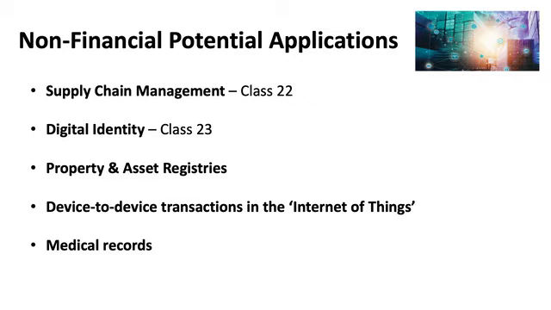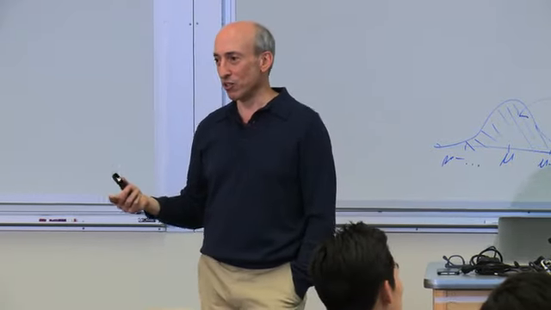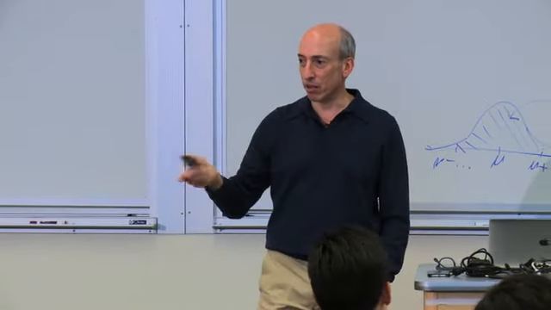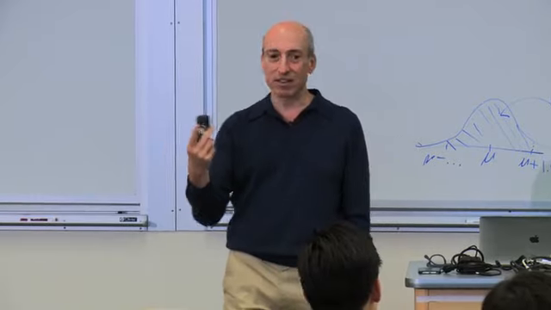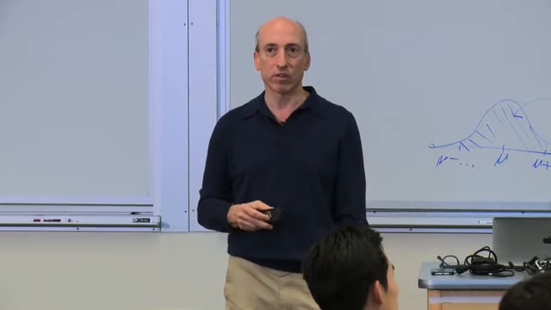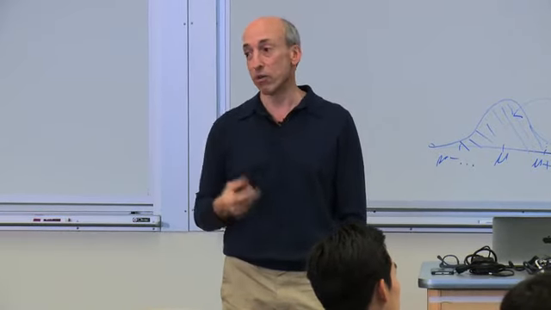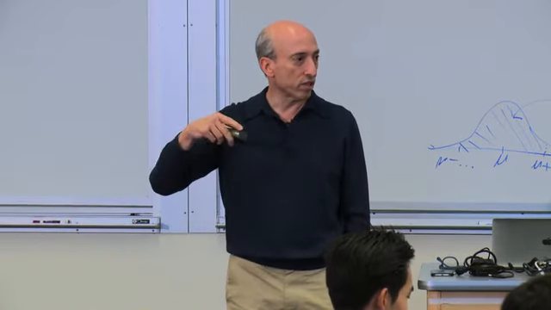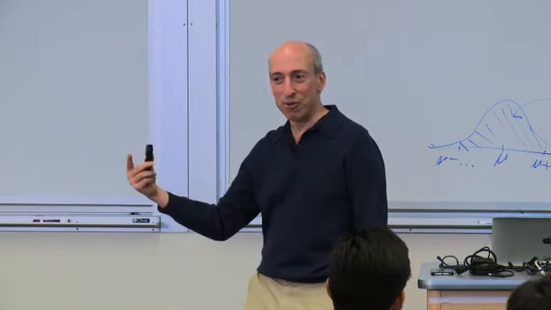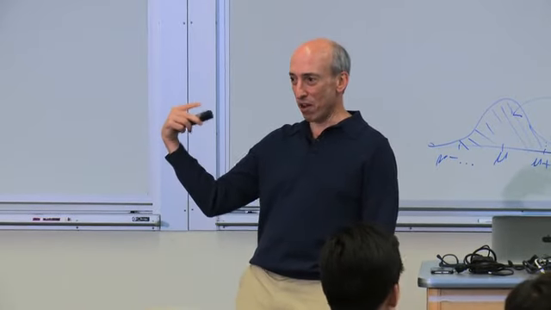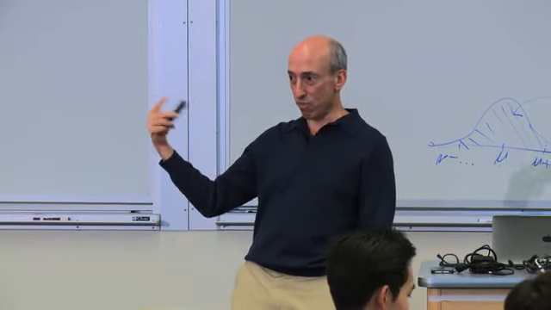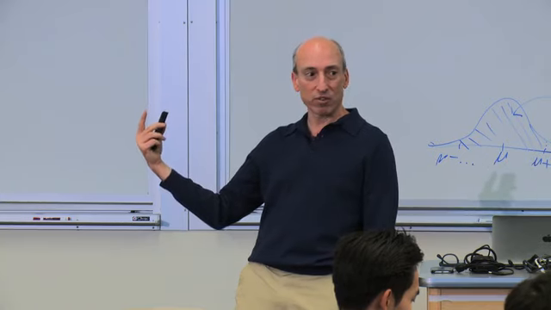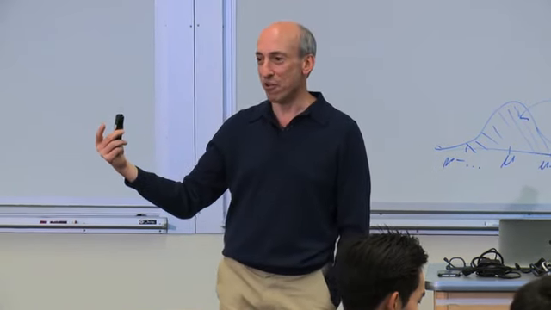Digital identity is both within finance and outside of finance. Property and asset registries, you can call it finance, but I'm not going to dig into that a lot in the rest of the semester. Medical records, Internet of Things, and so forth. This isn't going to be exhaustive. If you come on Tuesday, October 30th, to the Bitcoin blockchain dinner that Simon Johnson sponsors, we'll have somebody doing election and voting.